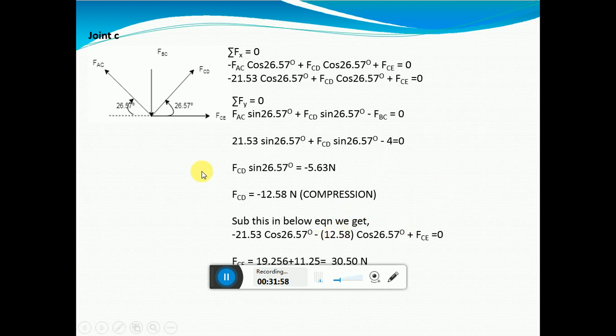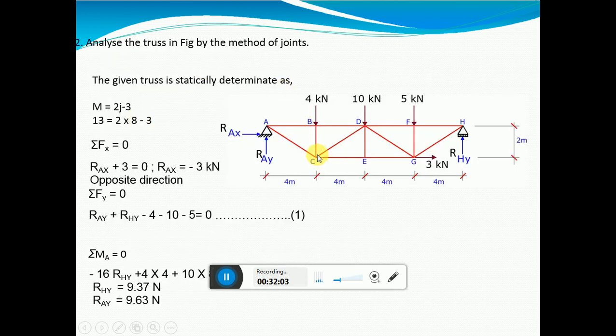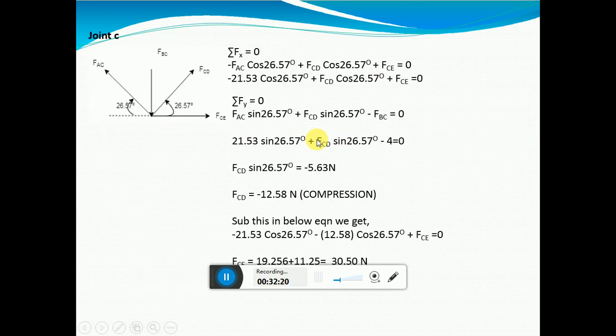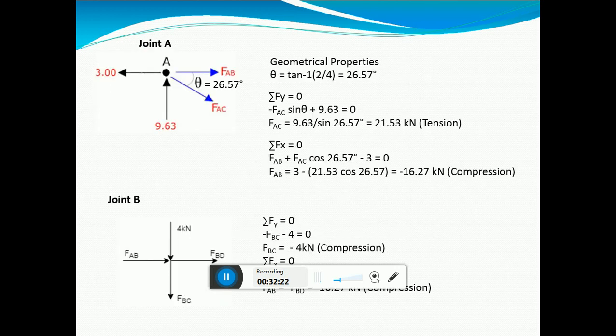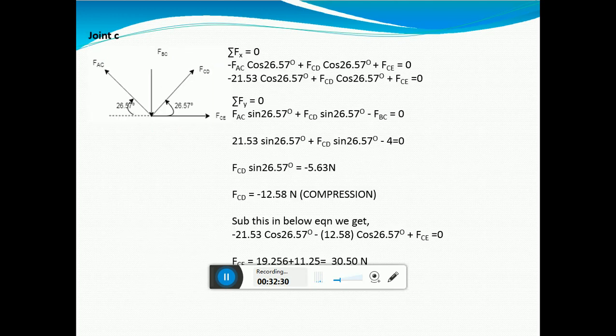Next, moving on to joint C. Where is joint C? Joint C is here, where you have FAC, FCB, FCD and FCE, all moving outside, whereas AC we found out as positive. So all the forces are moving outside except for FBC.